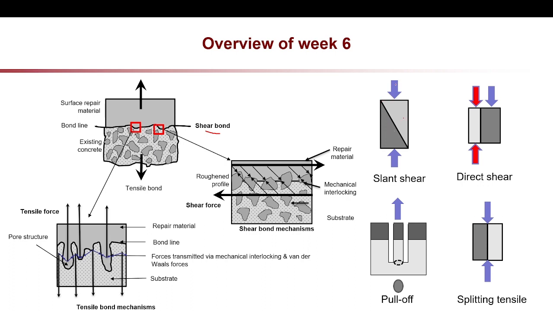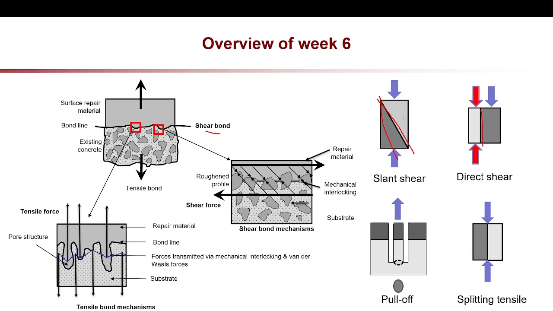We apply compressive load on this, and we check that there should not be any shear failure at this plane, at the surface. Second is the direct shear test. In the direct shear test, we apply load in the direction of the bonding. In the slant shear test, we apply it at a 45-degree angle.